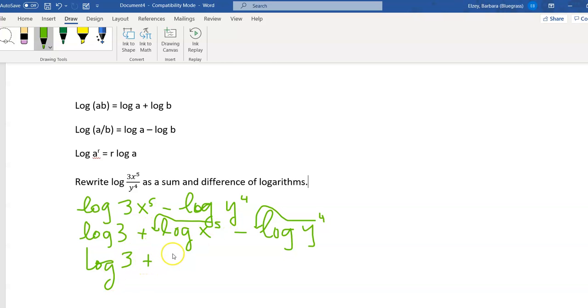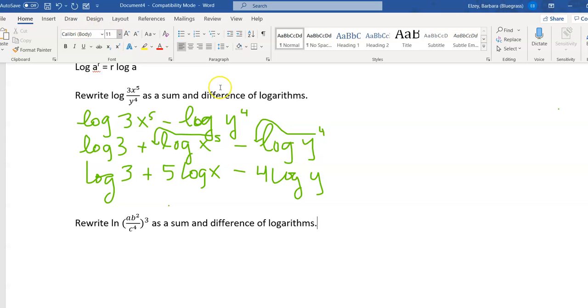Bring that 5 to the front of this logarithm: 5 log x. Now the 5's no longer on the x anymore. And then bring the 4 out to the front: 4 log y. All right. Now, it's completely broken up. We've used all 3 rules. There's nothing but a single item inside of each logarithm, and that tells us that we are finished.